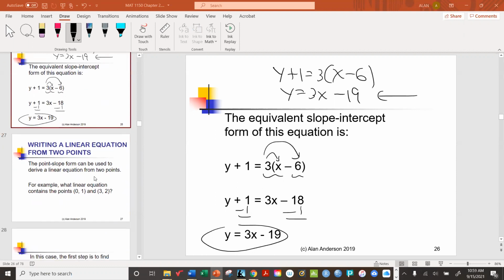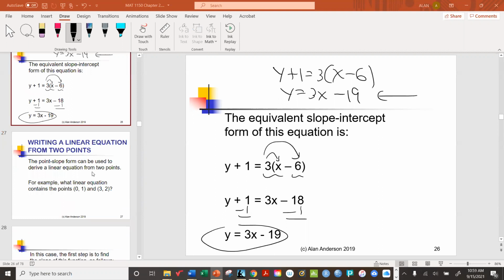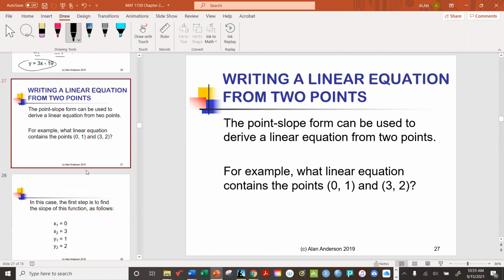Okay, so now what about if we have just 2 points? What do we do? Now, we've already seen a couple of examples. So let's just say these are x1, y1, and x2, y2. So basically what you're going to do is first solve for the slope.